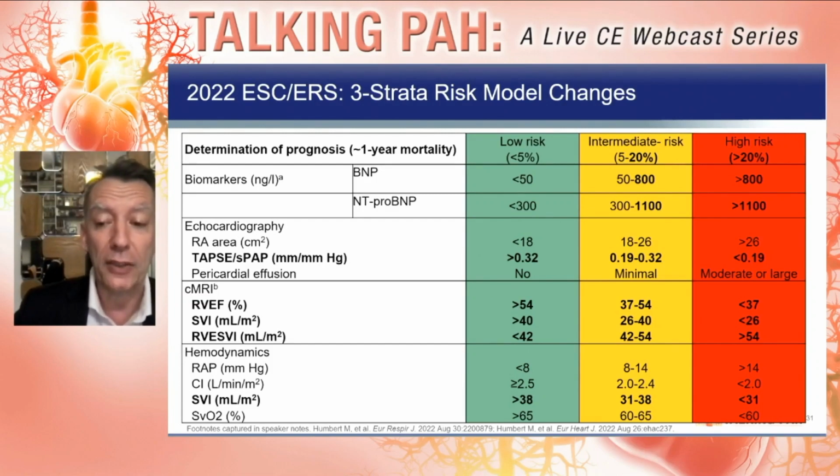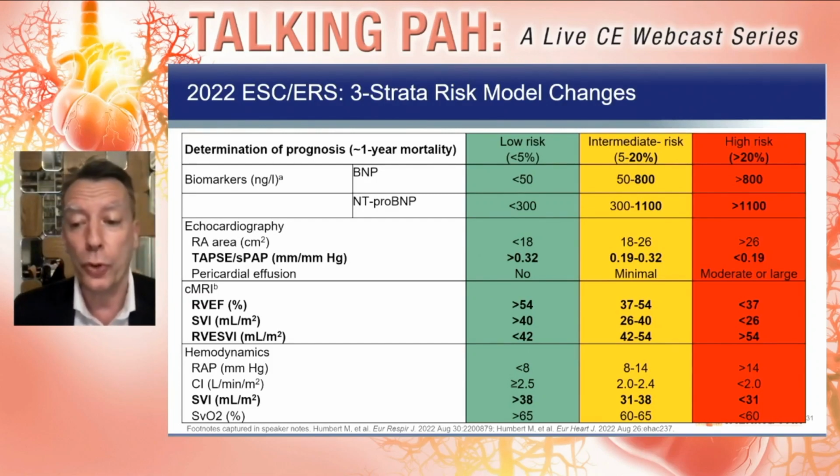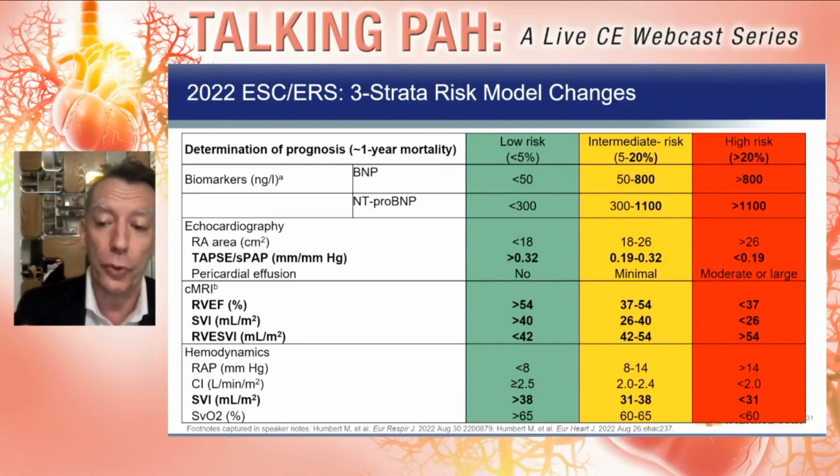It is not one part of the world using 3 and one part of the world using 2, but the true upper limit of normal is 2. And then, of course, you may decide to keep a safety buffer and consider that between 2 and 3, it's a gray zone. However, PVR above 2 means abnormal value and increased resistance.